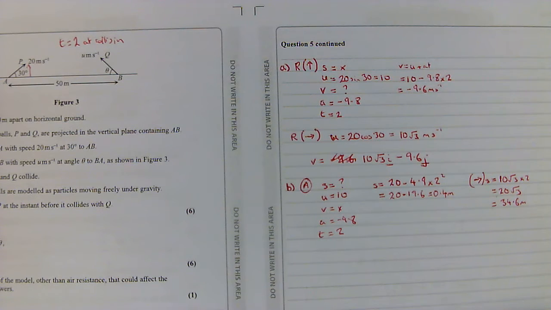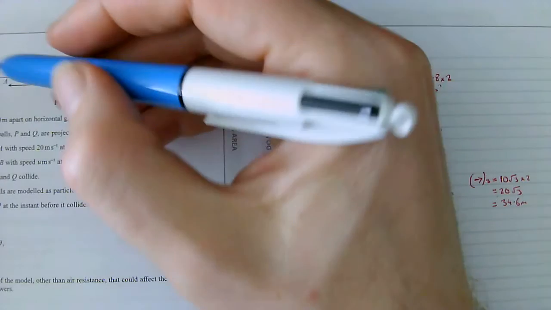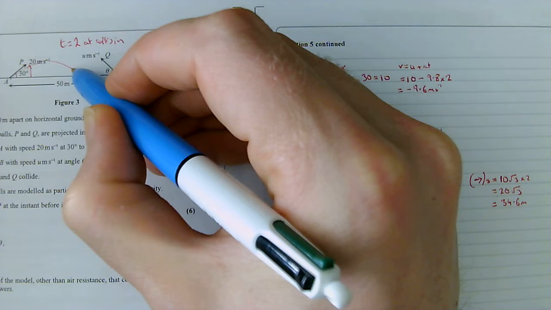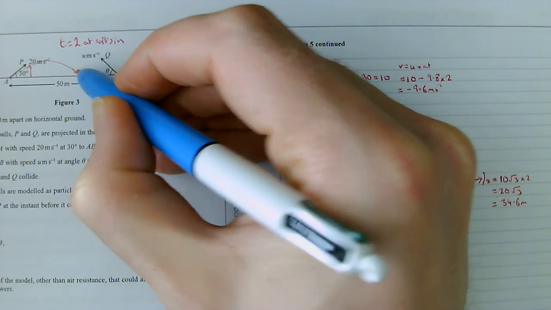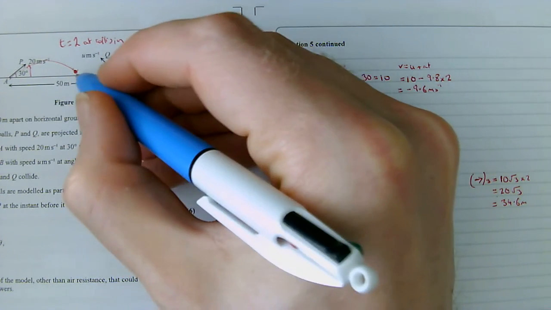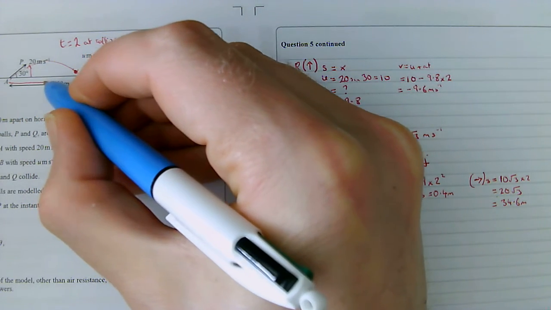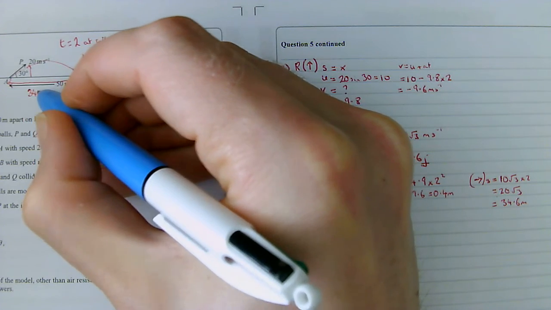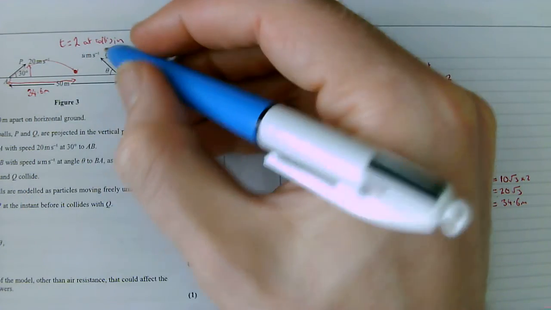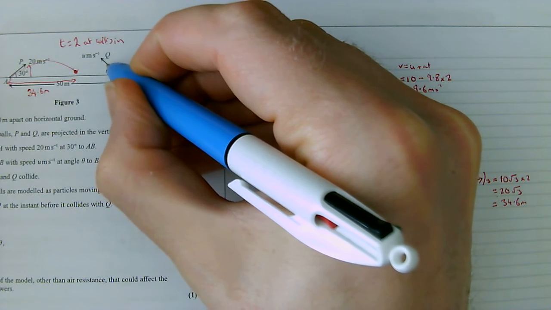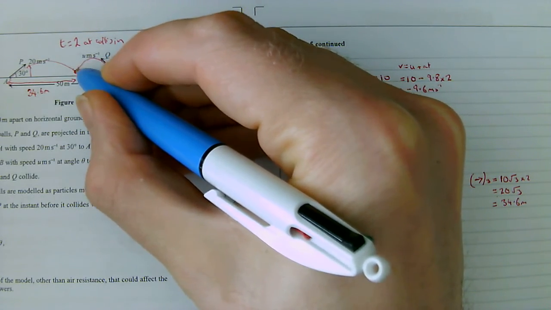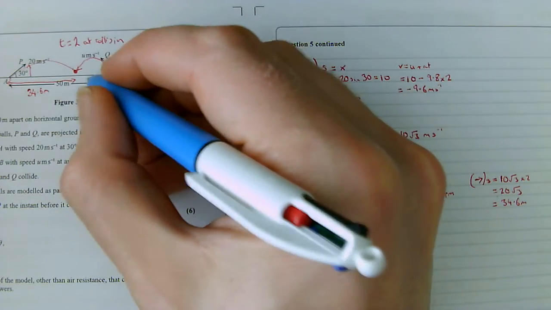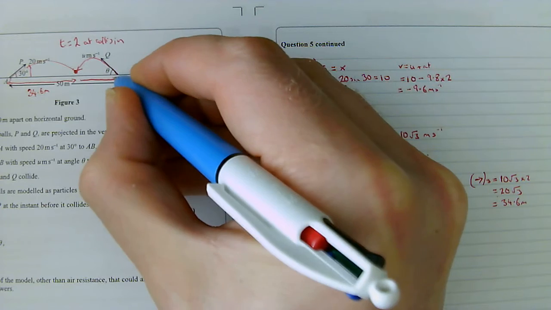Okay, this is going to help us. Going back to my original diagram, particle A is going to be coming up here, and somewhere around here it's going to be 0.4 meters above the ground at a distance of 34.6 meters. While this one comes out here and it's going to be 50 minus 34.6, which is 15.4 meters here.